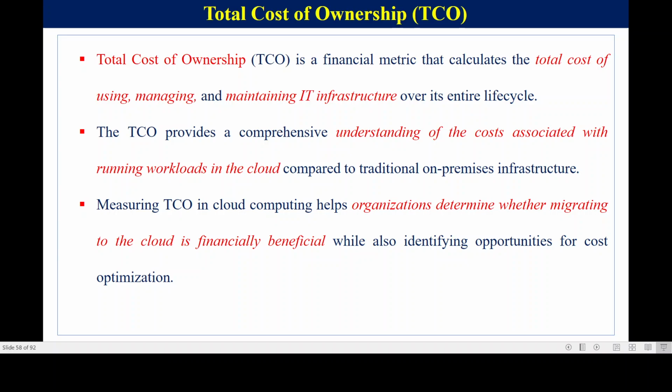In cloud computing, TCO helps organizations compare the overall cost of using cloud services with the cost of maintaining the traditional on-premises infrastructure. In simple words, TCO answers one important question: which option is more economical over a long period, cloud or on-premises infrastructure?